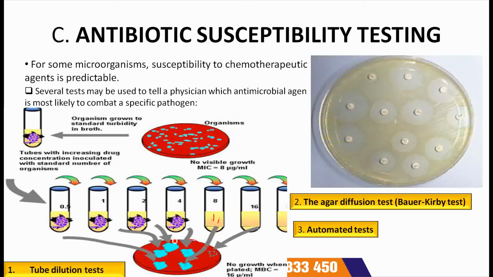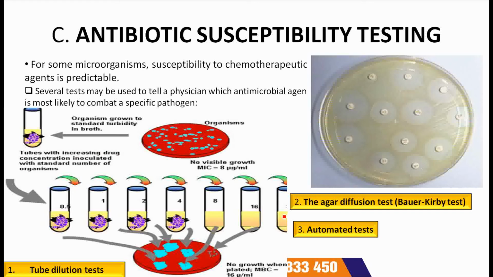And when these are all plated on this particular plate, then there is no growth when plated, and the microbial count is 16 micrograms per ml. This is the tube dilution test. Dilution is a process in which continuous decrease of organisms occurs from one tube to another tube.